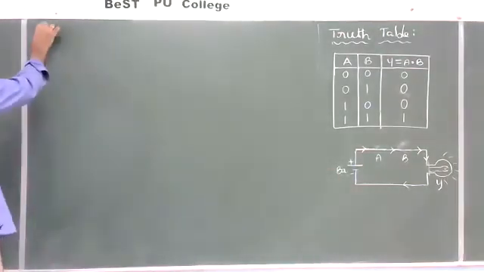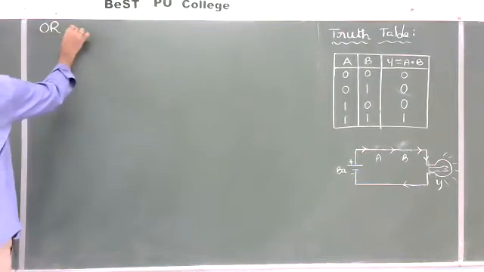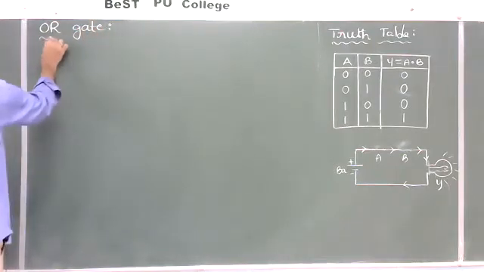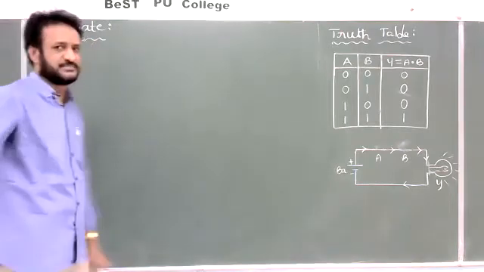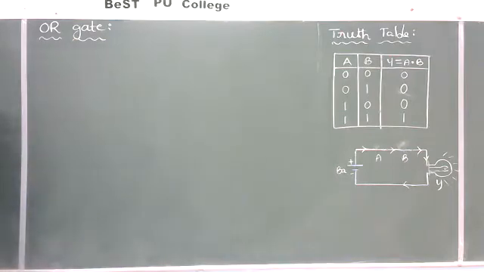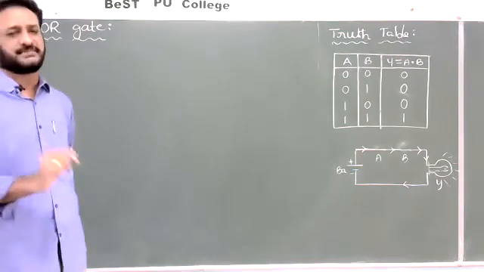OR gate, second one. But what is the function of OR gate? It means logical addition. It will perform logical addition. Generally, addition means you are using a symbol as plus.